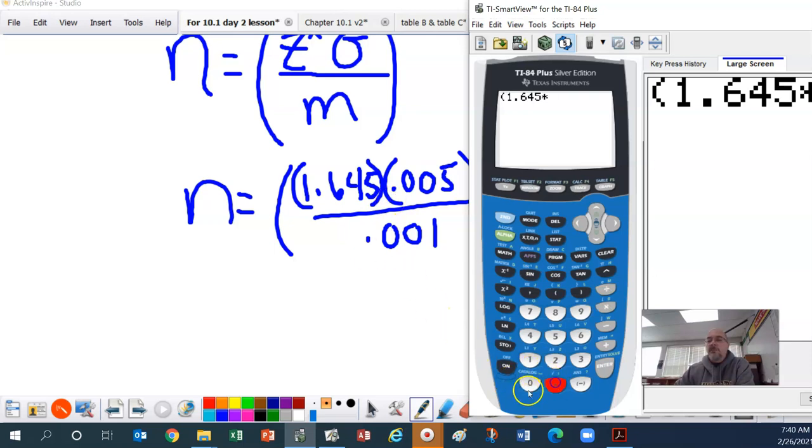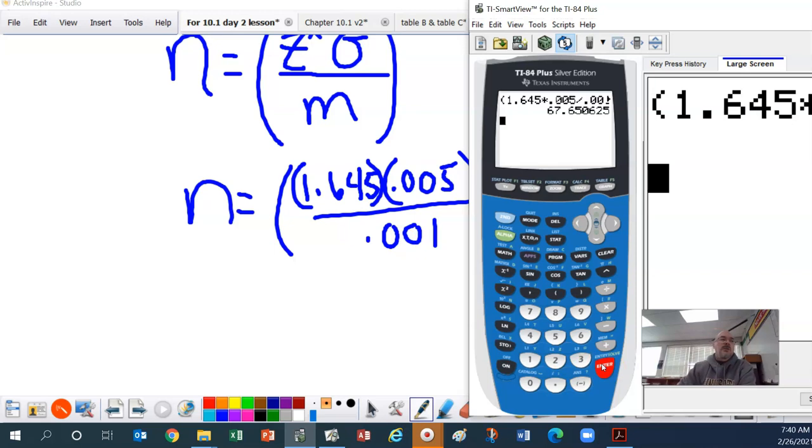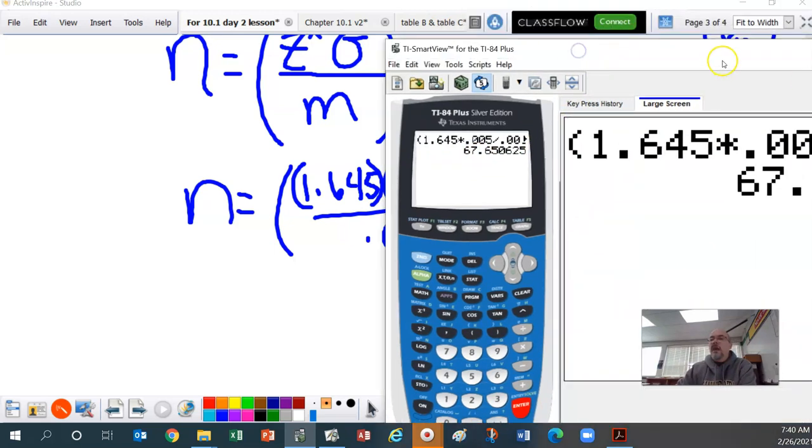I can just go times 0.005 and then divide it by 0.001, close it, square it, enter. So, ladies and gentlemen, it says 67.65.